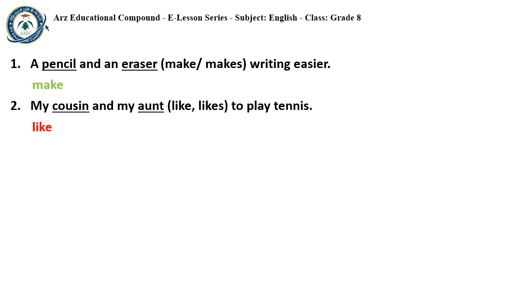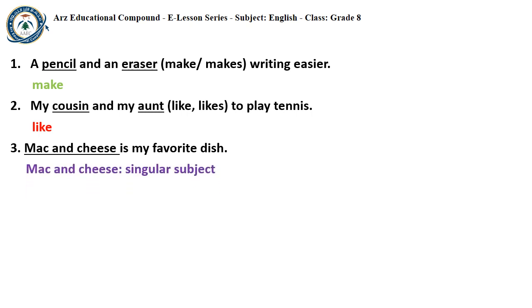But in some cases where the conjunction and joins two things that make up one item or entity, the subject becomes singular. Look at this example. Mac and cheese is my favorite dish. In this sentence, the subject is mac and cheese. It's a singular subject because it refers to one dish.